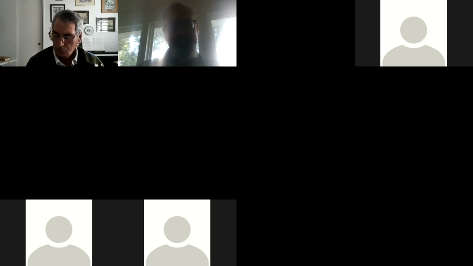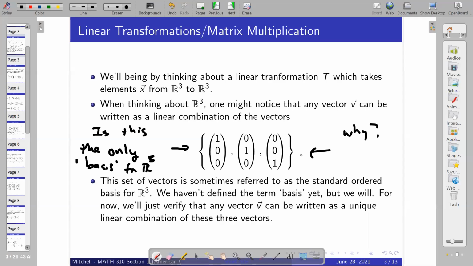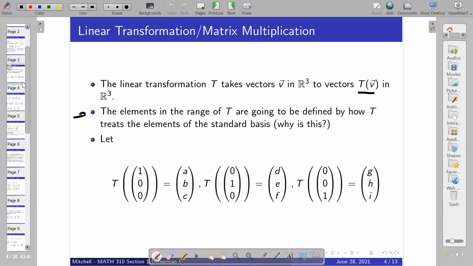When we make this particular choice, I don't want to get into making too many choices right now, just this one. I just want any association, just to give an idea about how this works. Any association will do. The linear transformation takes vectors to T of v.